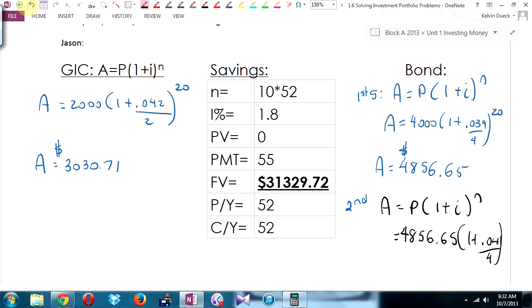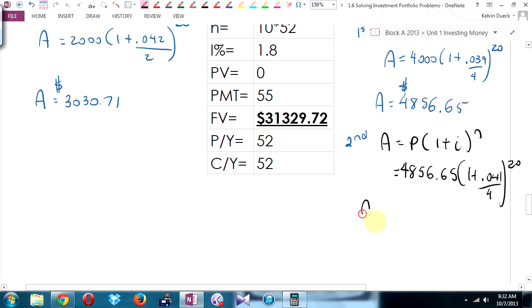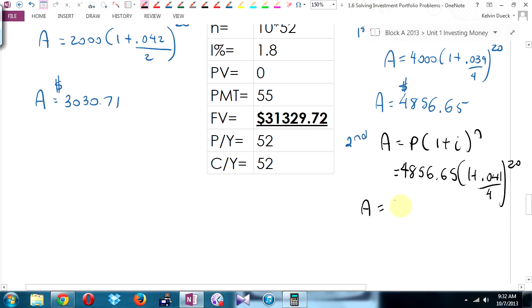So I think I can just change some of these numbers here. Delete, delete, delete. 4,856.65. 0.041 divided by 4 to the 20th. $5,955.44.